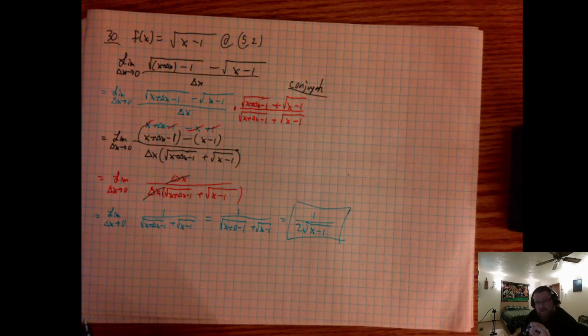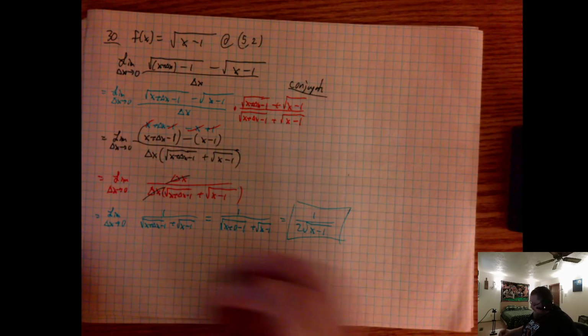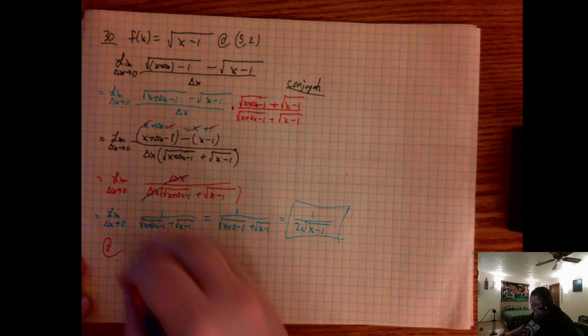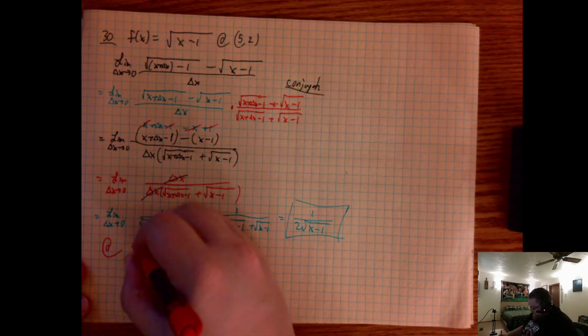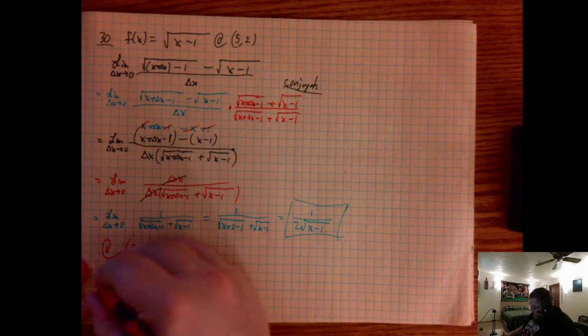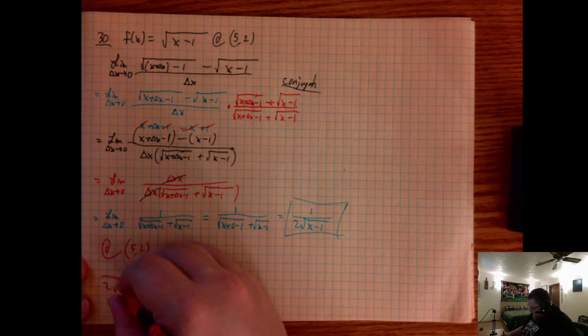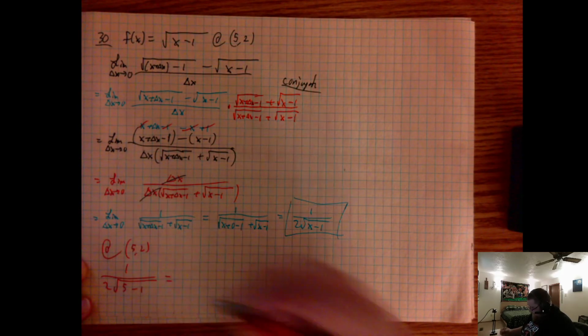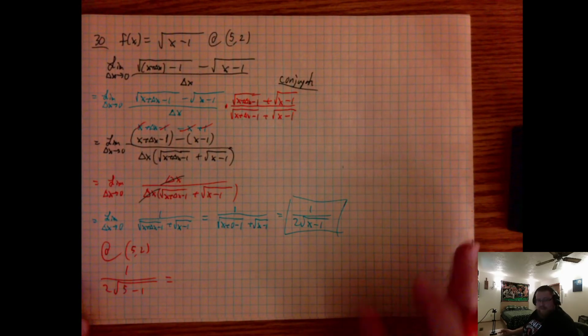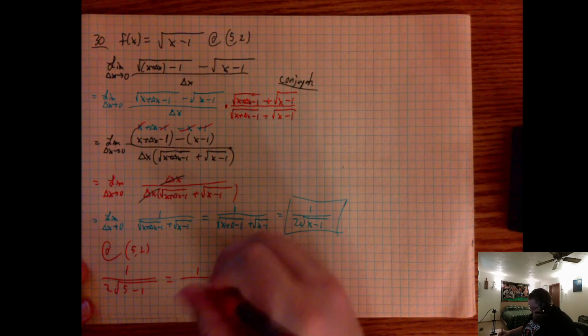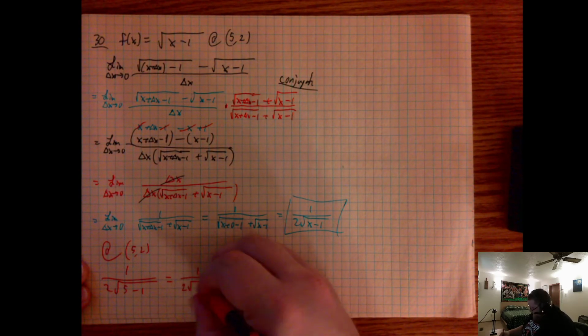It is not the slope, it is not the tangent line, it is the slope generating function. So to find the tangent line, I now need to find the slope. So I'm going to take that information and try it out at (5, 2). So I plug in 1 over 2 square root of 5 minus 1. When I plug that in, I end up with 1 over 2 square root of 4.